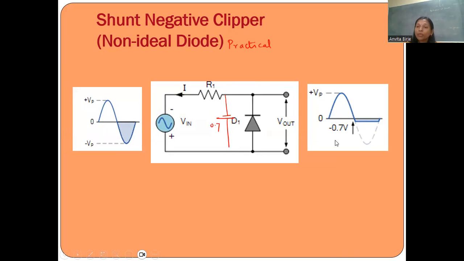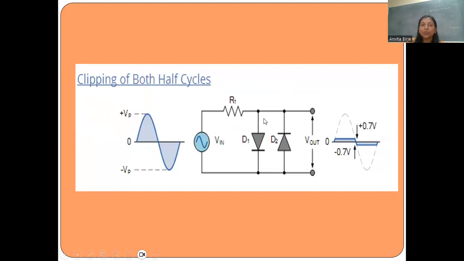Now in this, in addition to this, we can add the biasing also. So first we'll see what happens if we connect both the diodes together. That is known as slicer circuit. So this is the slicer circuit without biasing. Just we have considered two diodes. D1, if you see the connection, is in the forward direction and D2 is in reverse direction.